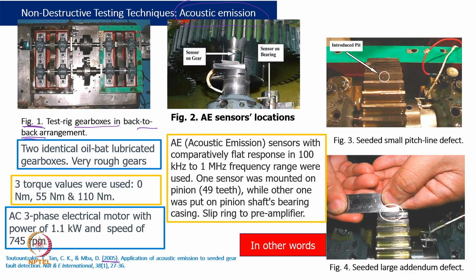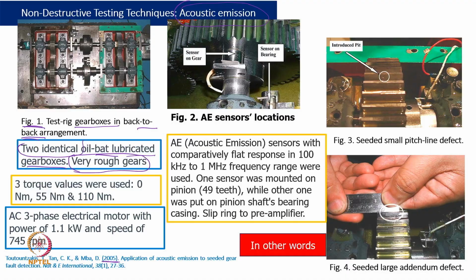We use two identical gearboxes in a pair, one left hand side, one right hand side, so that we can cancel many noise related things. So, they use two identical oil bath lubricated gearboxes, and to accelerate the test, they use a very rough gear, so that they can get a very good response.